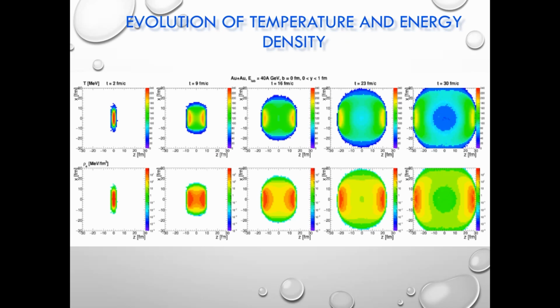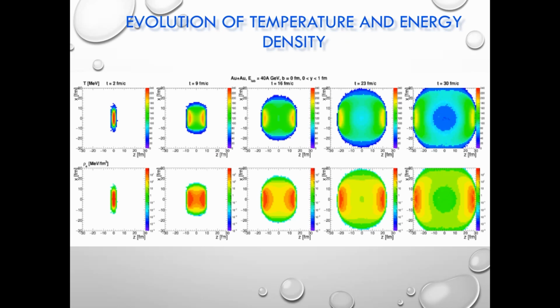But you see, for instance, at the bottom plot, that the energy density peaks in the fragmentation ranges where the spectators are, and then it drops as the system expands, and especially the central area becomes more and more dilute. The behavior of temperature is also like this.